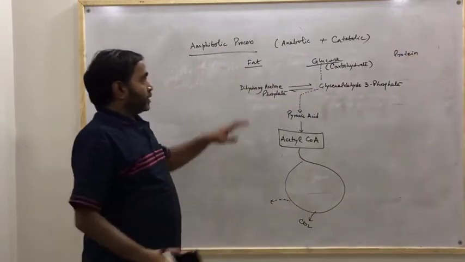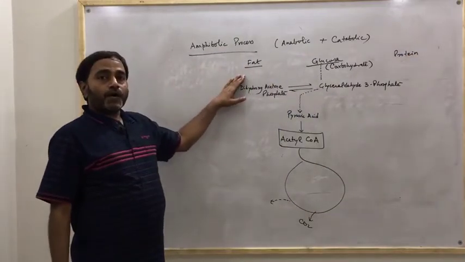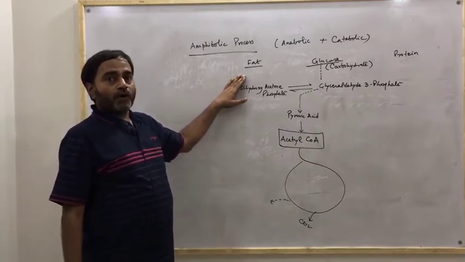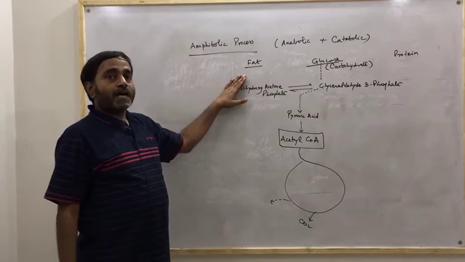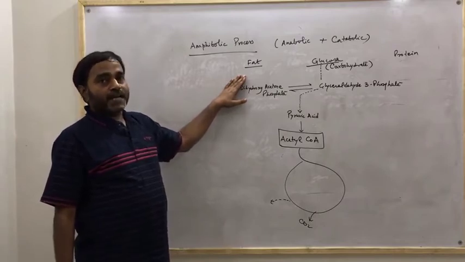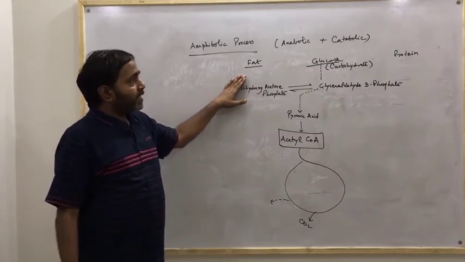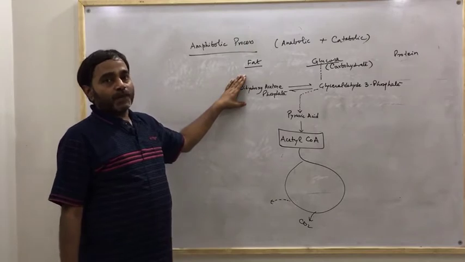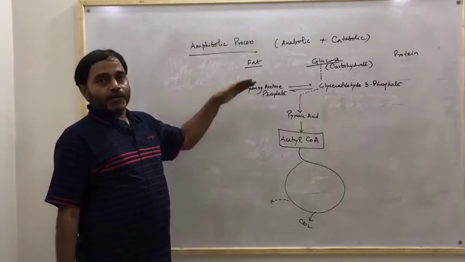Their breakdown occurs during digestion, and finally the monomers, or simpler forms, are obtained by the action of enzymes, and these will be absorbed into the intestine and assimilated into the blood. That I already told you.